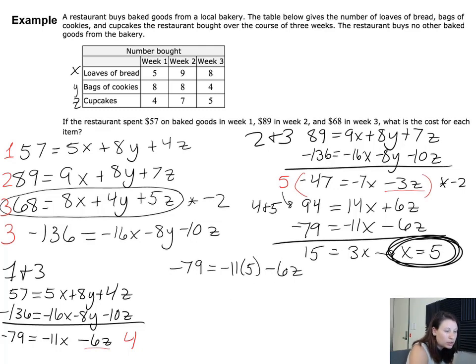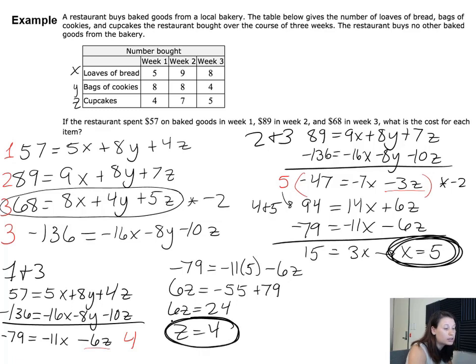So I'm going to add the 6z over and take the 79 over. So we have 6z is equal to negative 11 times 5 is negative 55 plus 79. So that is 6z is equal to 24. Divide by 6, so z is equal to 4.